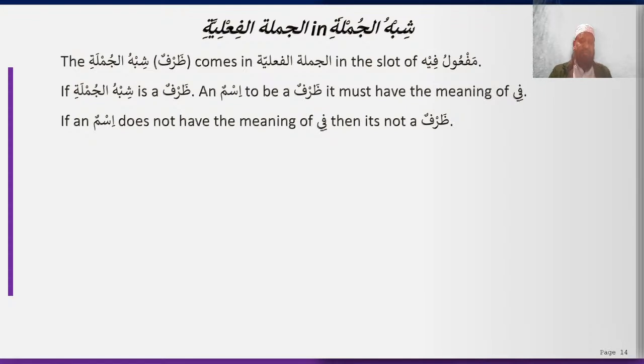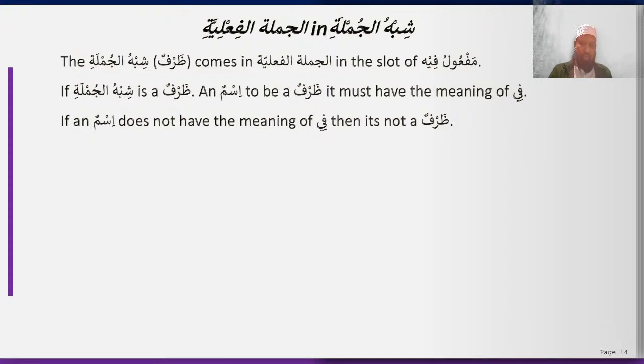When a ظرف is by itself, it is one single word. It is not a phrase. So that will be مفعول فيه. But when ظرف comes with اسم after it, with مضاف إليه, it is a phrase. So we are learning the phrase شبه الجملة coming in the slot of مفعول فيه.